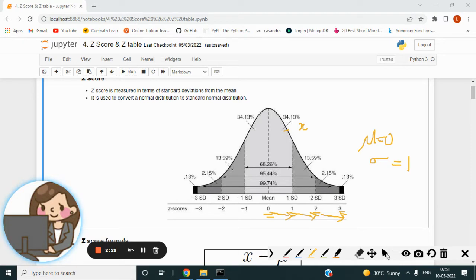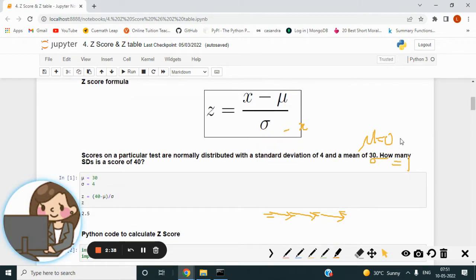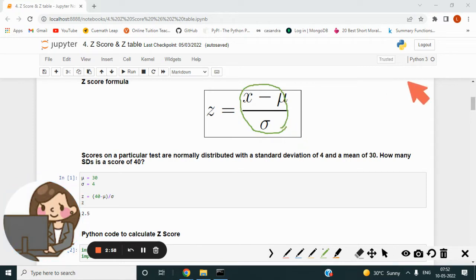In order to calculate it, the Z-score of a point x is given as (x minus mu) divided by sigma, that is, x minus the population mean, divided by the population standard deviation. This is how you calculate the Z-score of a point. So if you have a corresponding point x on the Gaussian curve, then Zx will be the point in the standard normal distribution. I hope it is clear now.